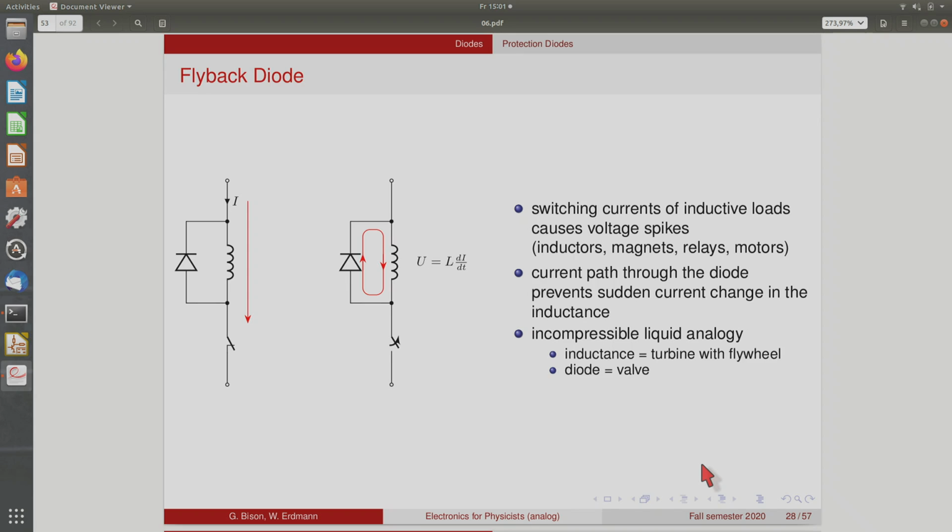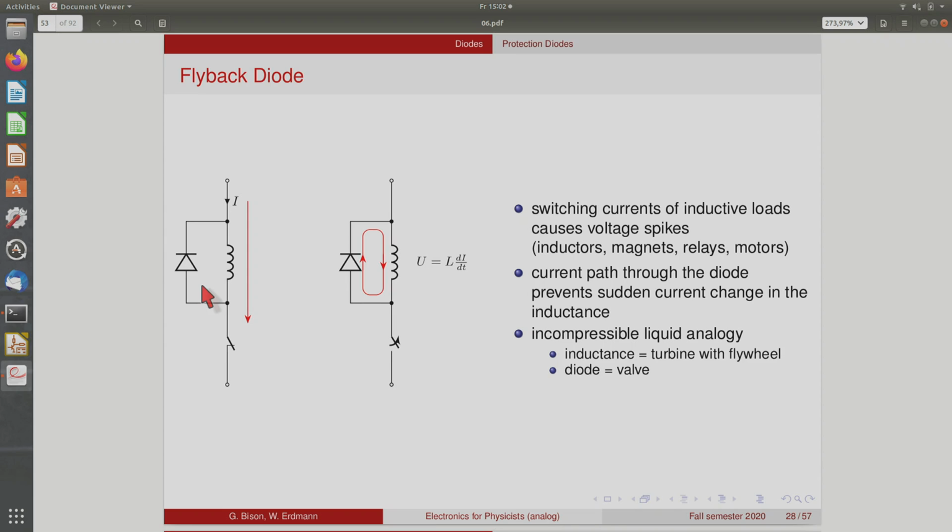So if you have a coil where a current flows through and you want to switch the current off at some point, you know that a sudden switching of the current will cause a high voltage, because when you have an abrupt change of the current, the voltage increases by a lot. And if you really have just a switch, the voltage can be extremely high. These are used, for instance, to make sparks, so spark plugs and so on.